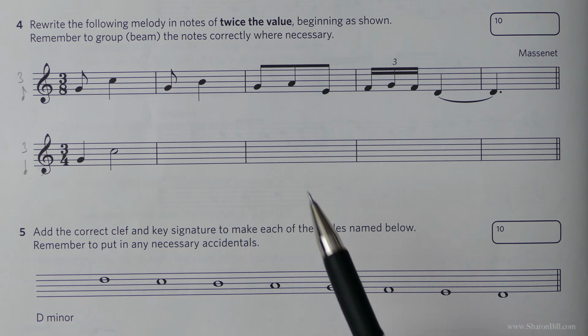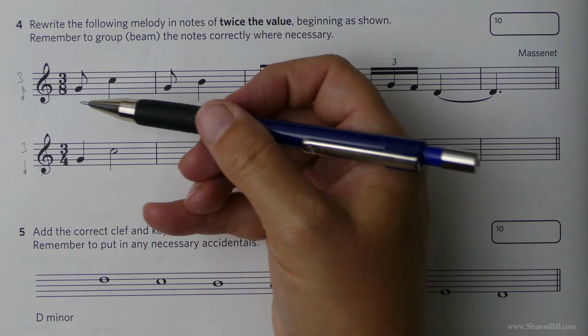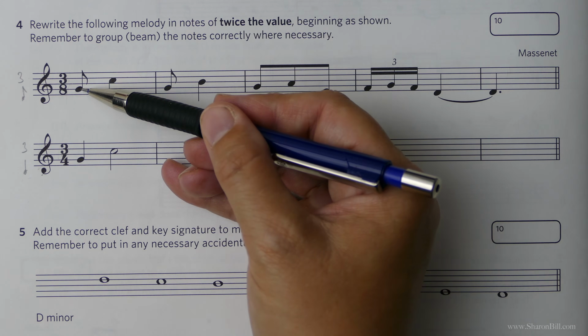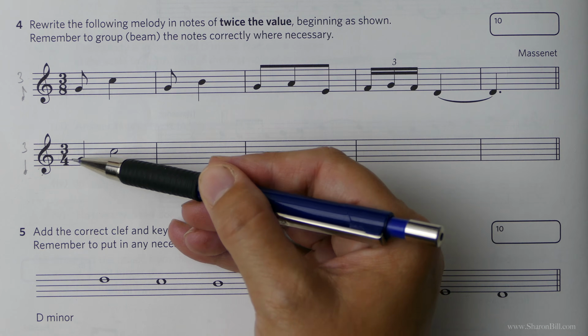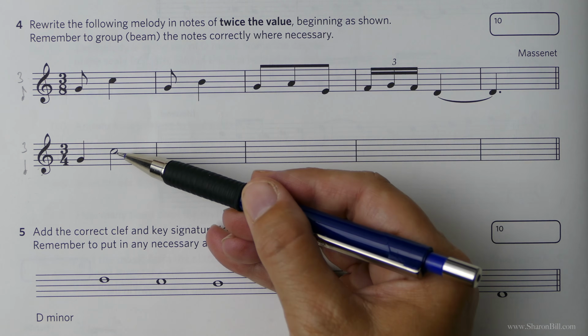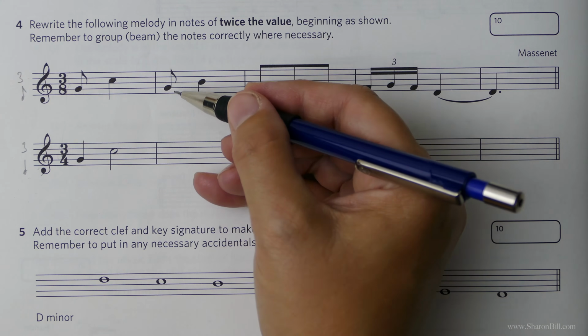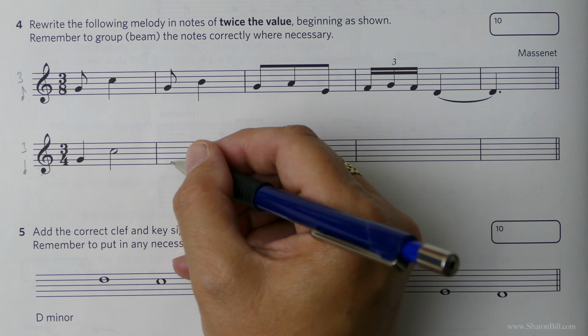And so here notes are grouped where here they may not be, or vice versa. So we can see we've gone from a quaver or an eighth note to a crotchet, a quarter note. Here this is a crotchet or a quarter note to a minim, a half note. And so that process will continue. Just make sure you get the pitch right.